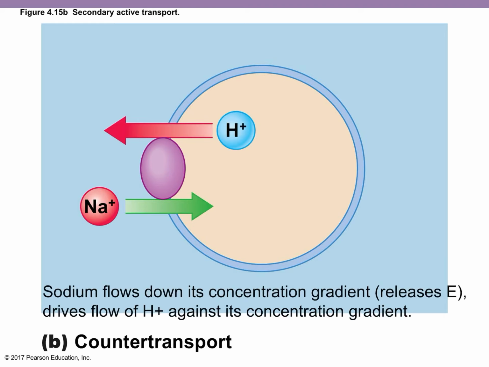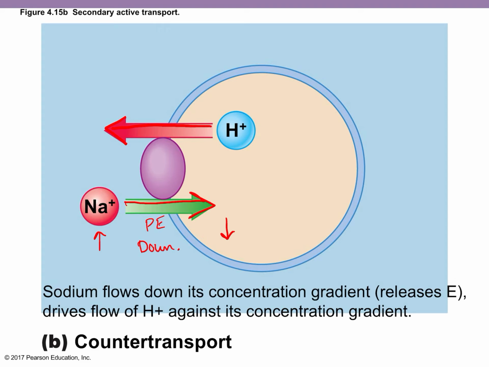So it's the same idea where we're using sodium flowing down its concentration gradient, right? We're releasing the potential energy in that action, but we're just moving the hydrogen ions in the opposite direction, but still against their concentration gradient, right? So sodium is moving from high to low. This is down the concentration gradient.